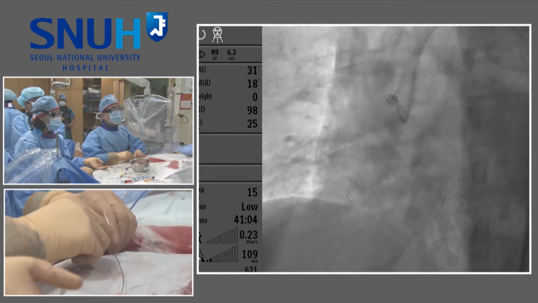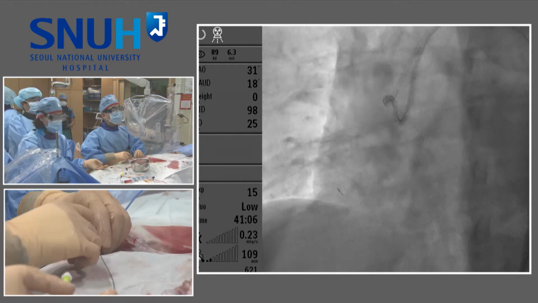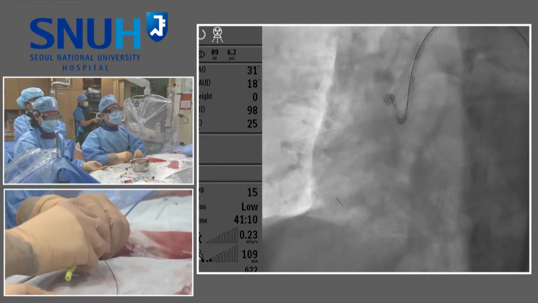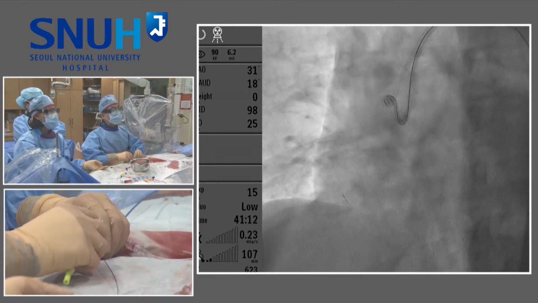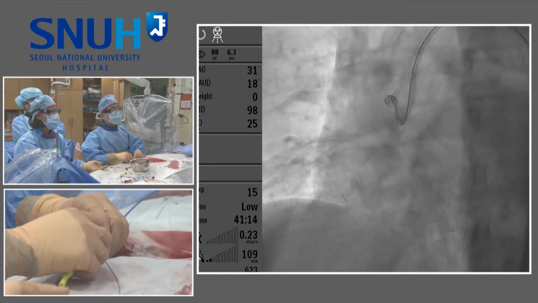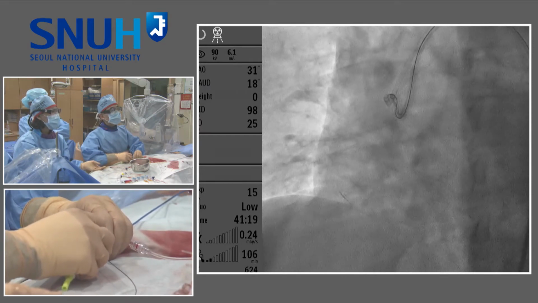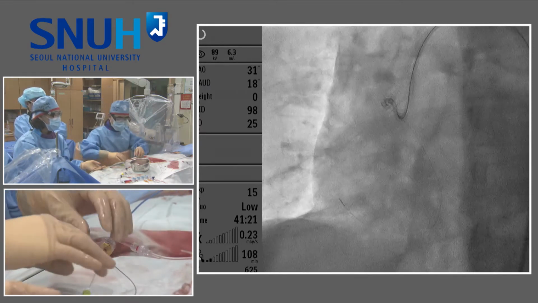But the guiding catheter orientation is not good for the introduction of stiff wire. Okay, this is a kind of friction. Not good.